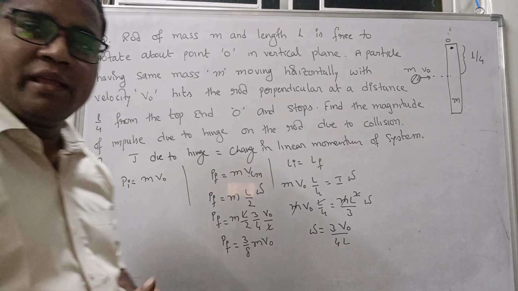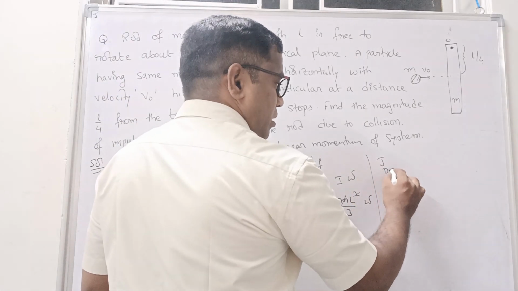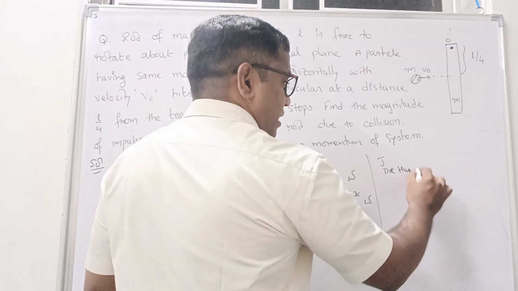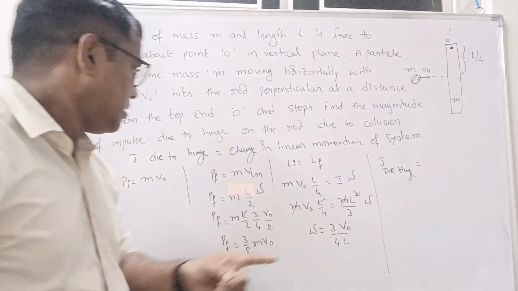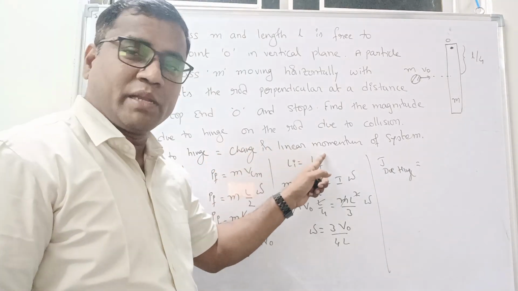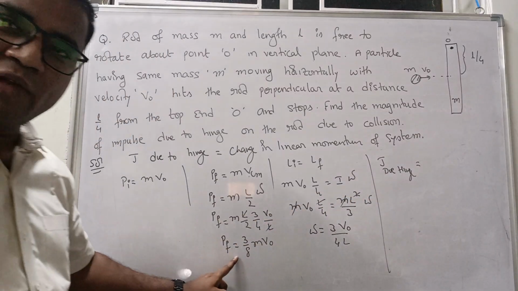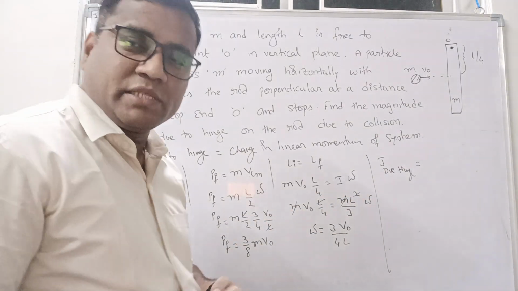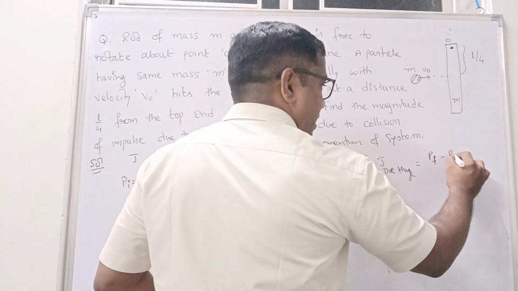So what is being asked? J due to hinge is nothing but the change in linear momentum of the system. Initial momentum is this one, final momentum I got is this one. So change in momentum is final momentum minus initial momentum, Pf minus Pi.